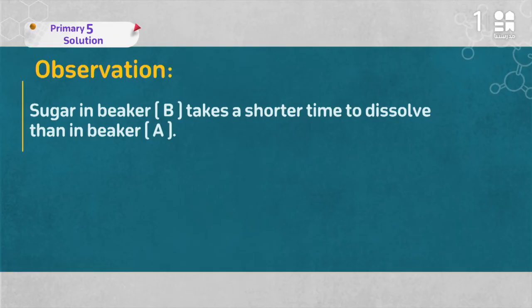So we can observe that sugar in beaker B takes a shorter time to dissolve than in beaker A. يبقى تاني observation, what we observe that sugar in beaker B takes a shorter time to dissolve than in beaker A. خد وقت أقل في beaker B اللي هو كان on hot water than the other one.